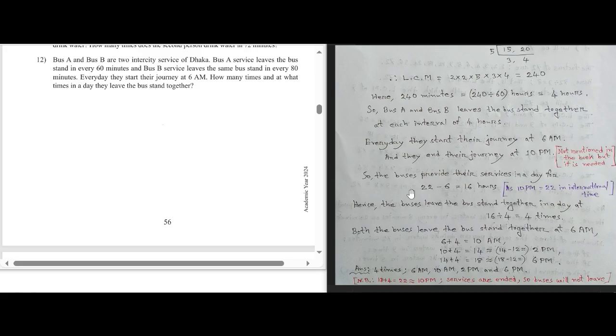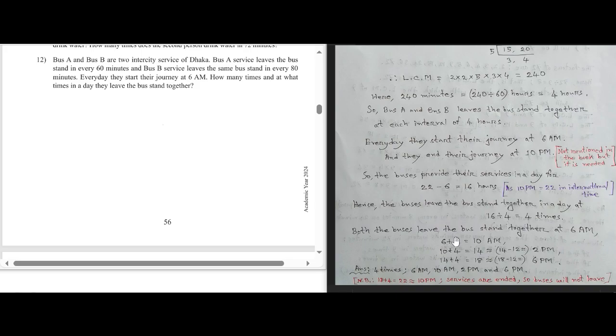So the buses provide their services in a day for 22 minus 6 equals 16 hours, as 10 p.m. equals 22 in international time. Hence, the buses leave the bus stand together in a day 16 divided by 4 equals 4 times.